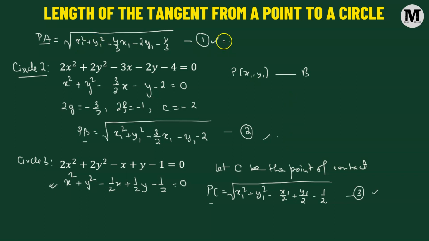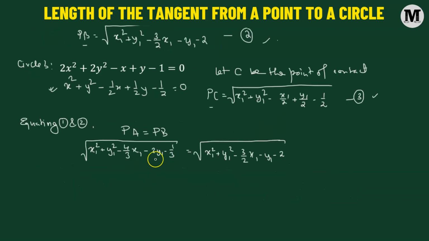Let us first equate equation number 1 and equation number 2. So here we get the two lengths equal to each other. We can square both sides and then simplify, and this is going to give us the simplified equation x1 minus 6y1 equals negative 10. We're going to label this as equation number 4.